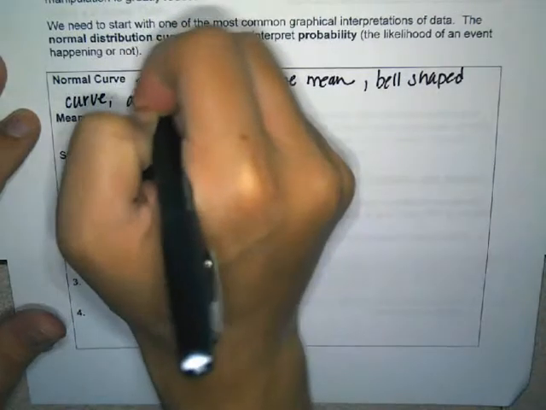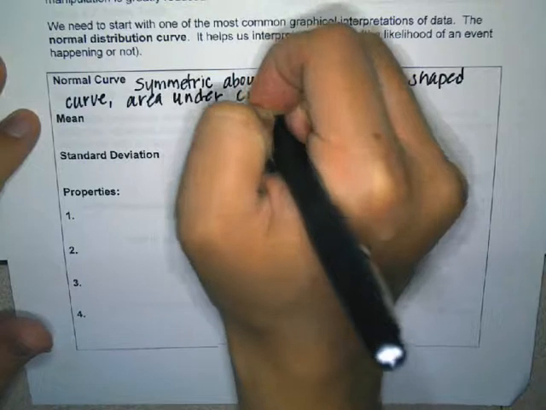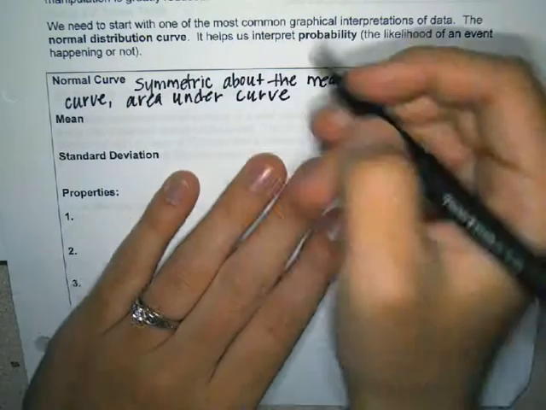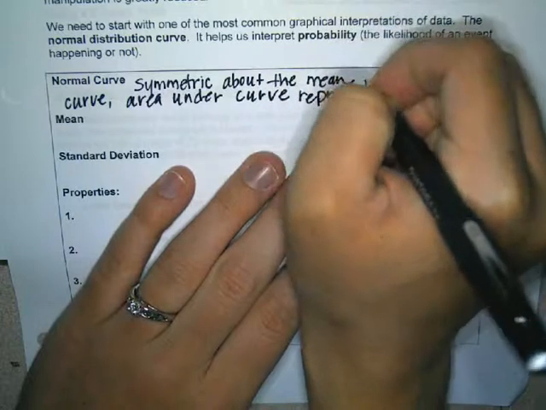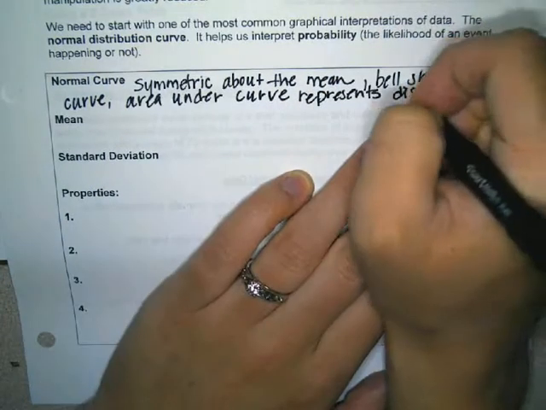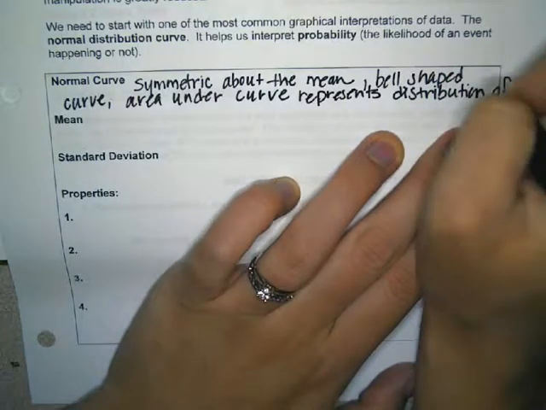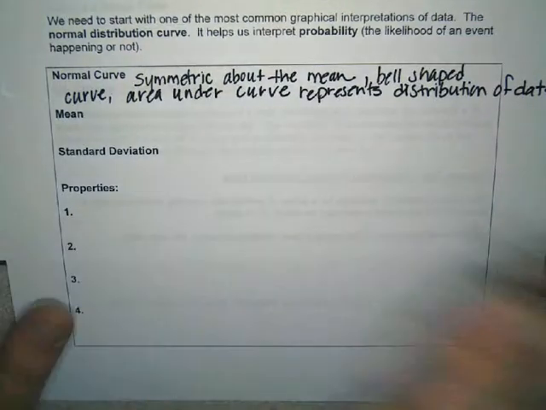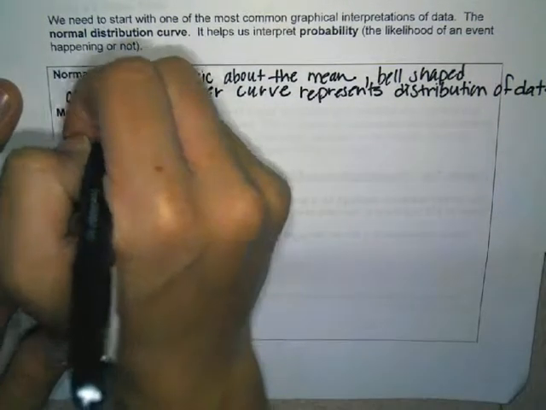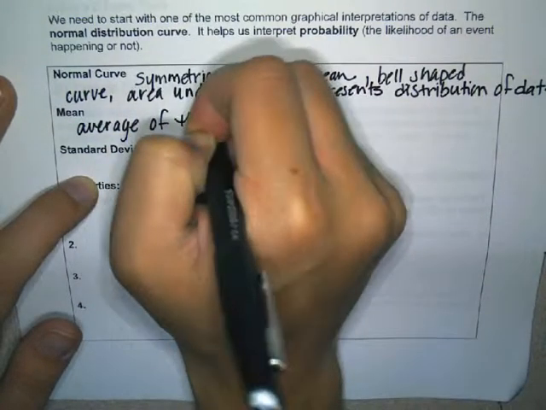Area under the curve represents the distribution of your data set, whatever that looks like. The mean is the average of the set of data that you're given.